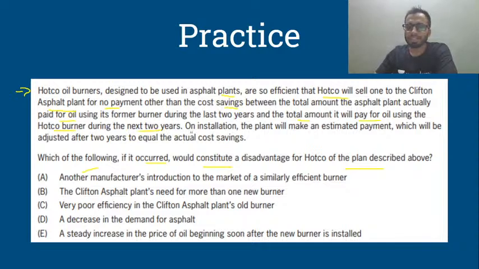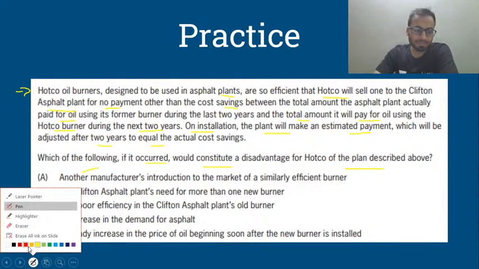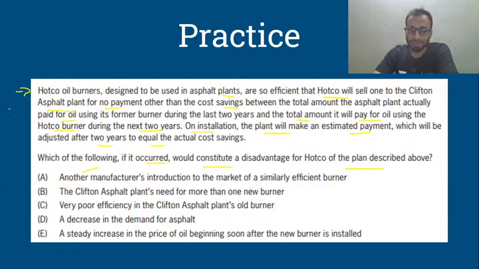Okay. On installation, the plant will make an estimated payment which will be adjusted after 2 years to equal the actual cost savings. Alright. So they figured out a transactional model, right?